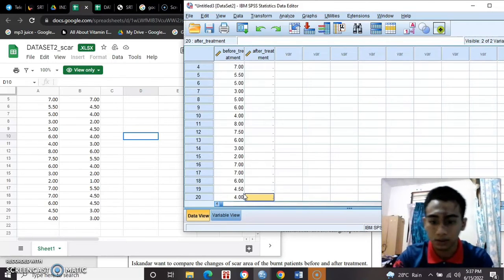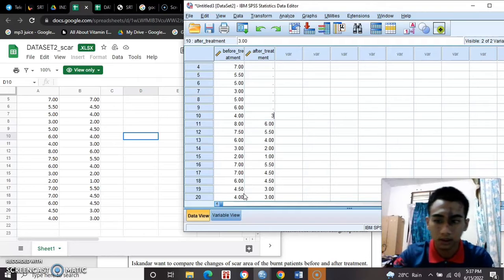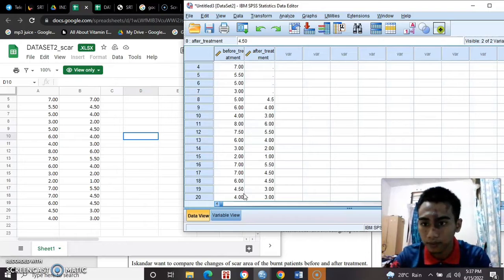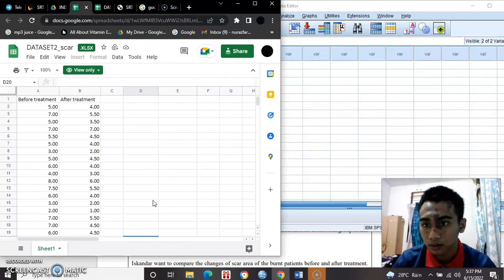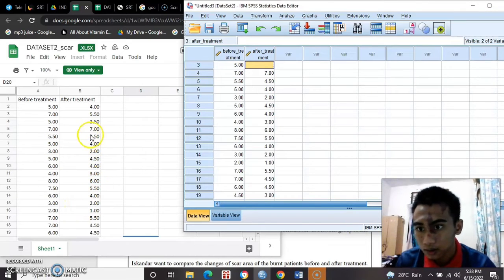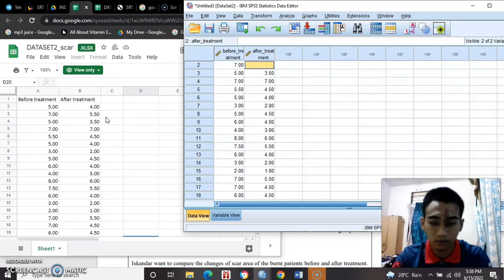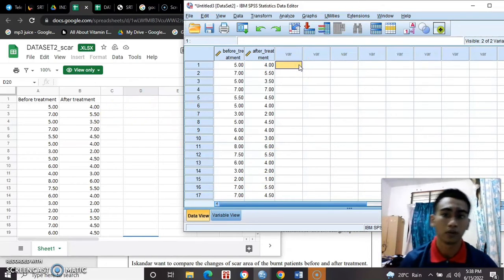Then for after treatment, which is 3, 3, 4.5, 4.5, 5.5, 1, 2, 4, 5.5, 6, 3, 4, 4.5, 4.5, 2, 4, 4.5, 5, 7, 2.5, 4.5, and 5.4.